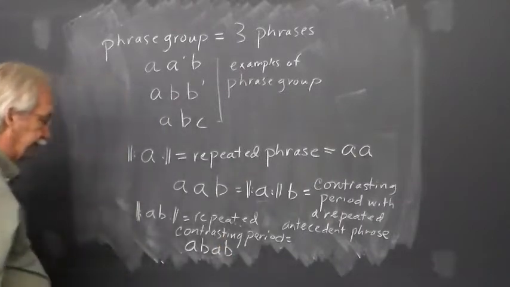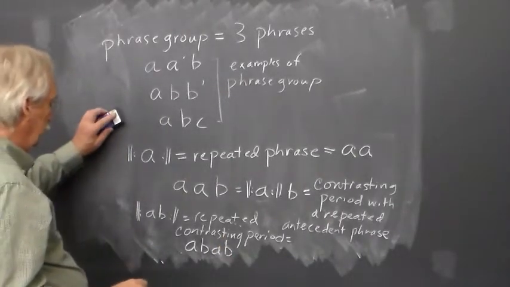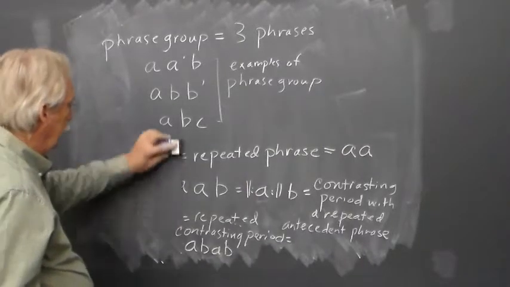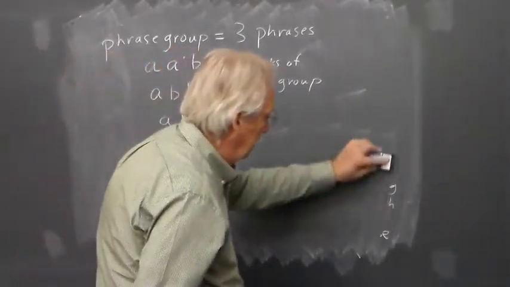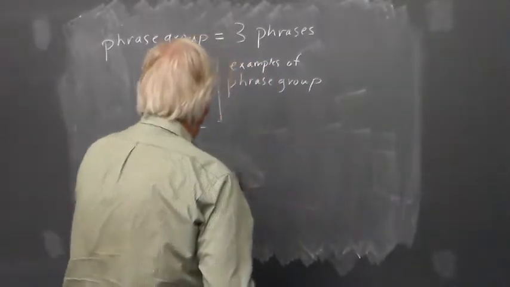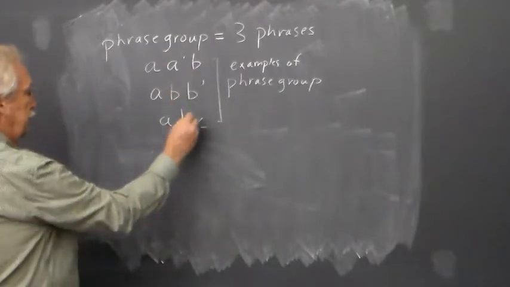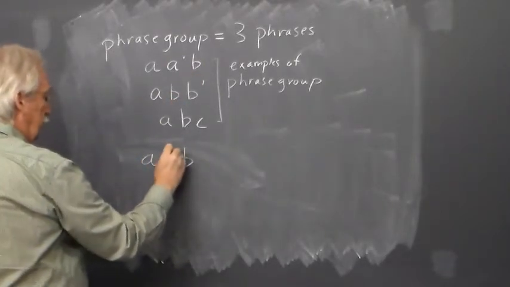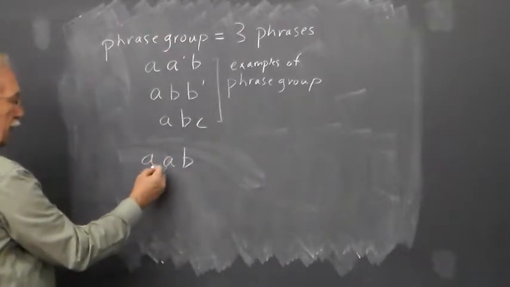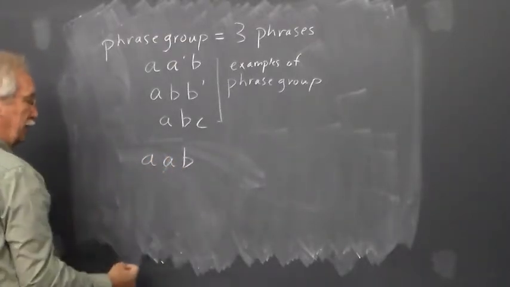All right. So when we have three phrases, then that will be an example of phrase group. And so these are examples. I mentioned this would be an example of a contrasting period with a repeated antecedent phrase.